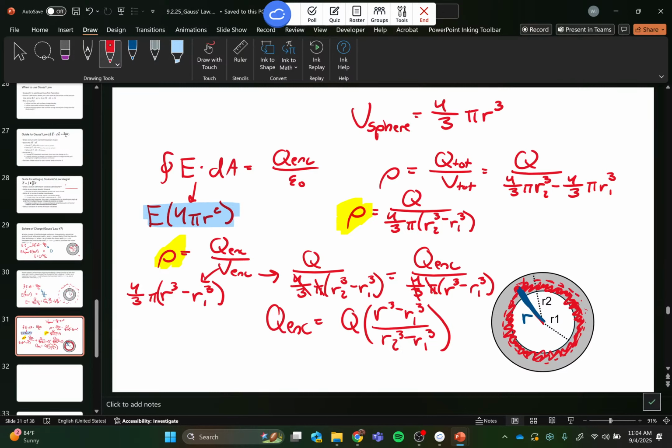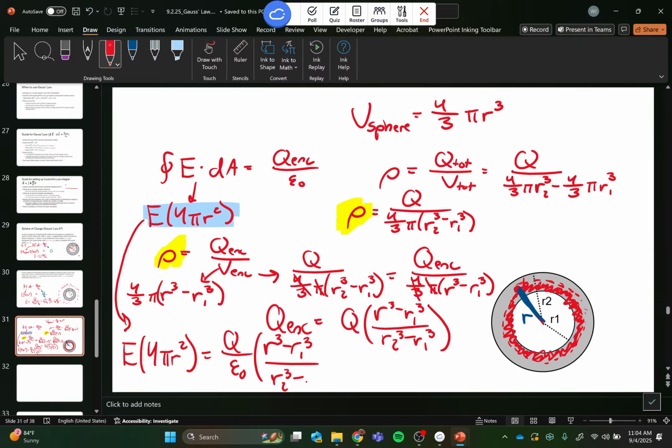That's last time. Oh, it's basically done though. This is the easy part. So therefore, E times 4 pi r squared equals Q over epsilon naught times (R cubed minus R1 cubed) over (R2 cubed minus R1 cubed).